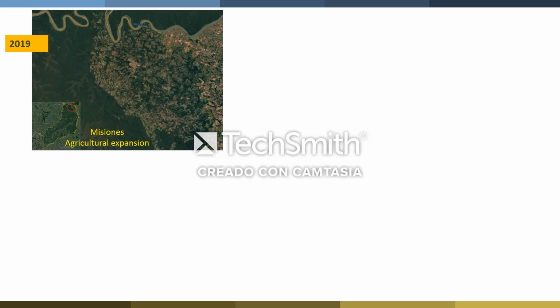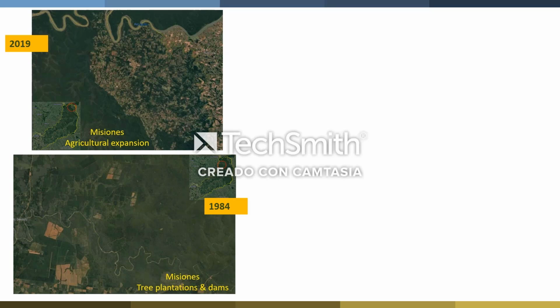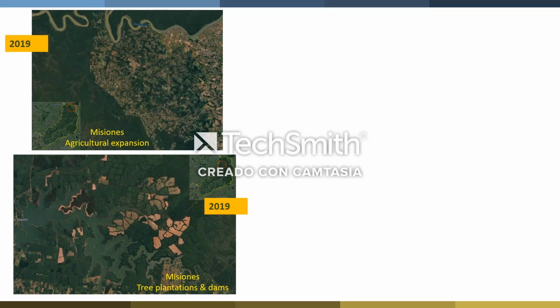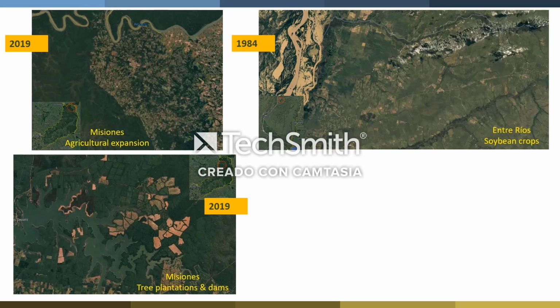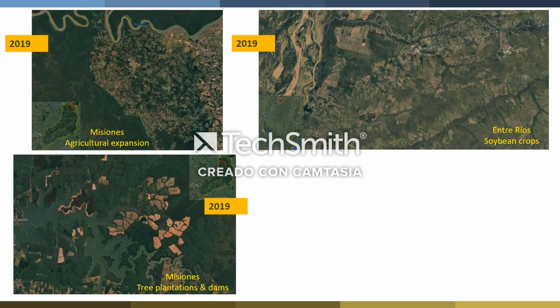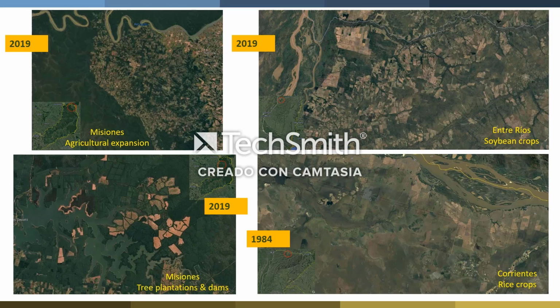Below you can see another example of the conversion of native forests to tree plantation and dams. So this is a current image. The third example is from Entre Rios, and you can see some change due to soybean crops. And finally, in Corrientes, you can see conversion from wetlands to rice crops.